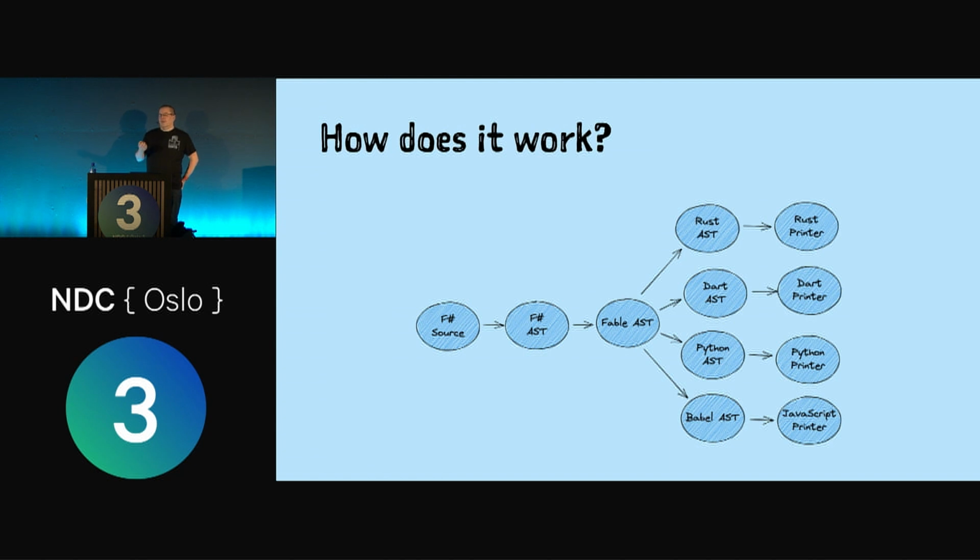Then we take the Fable AST and have a transformation step into the Python AST. So this is the data structure that represents the Python program. And the final step is just a printer that goes through the AST, and if it sees a function def, it writes def. So it's basically as simple as that.